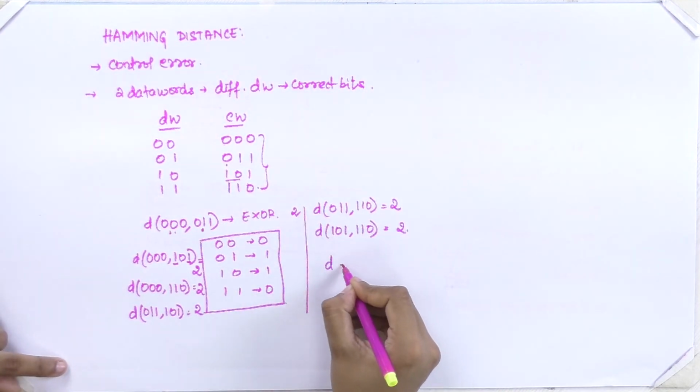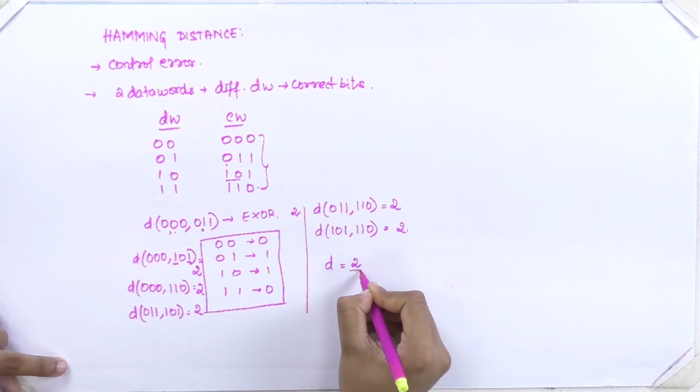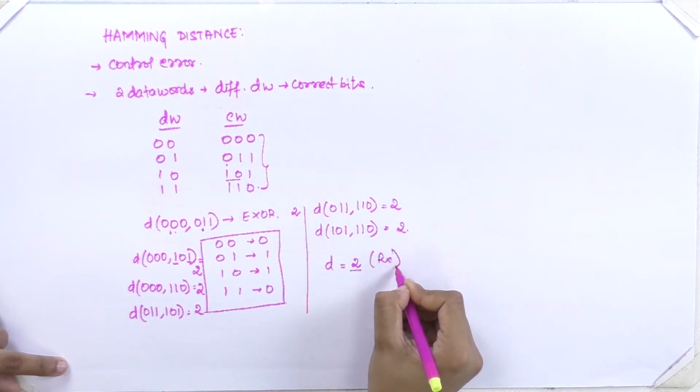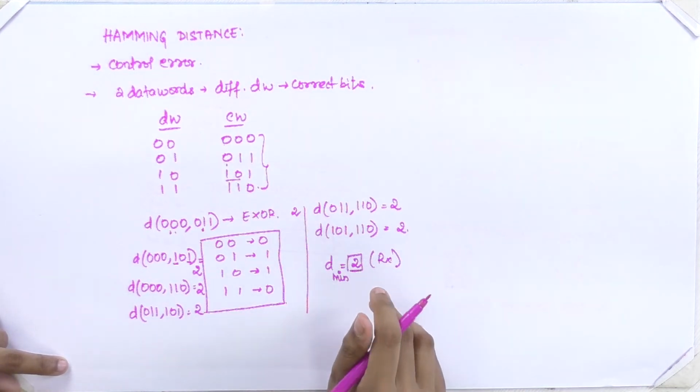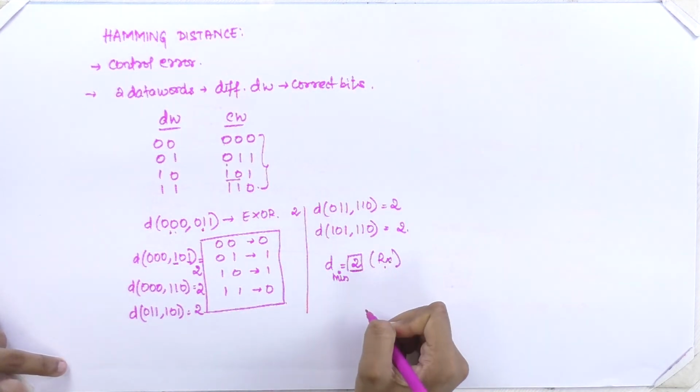So the maximum errors that might occur on the receiver side will be 2, which will be the minimum distance that will occur on your receiver side. Upon exceeding this error, it is impossible for the receiver to detect it.